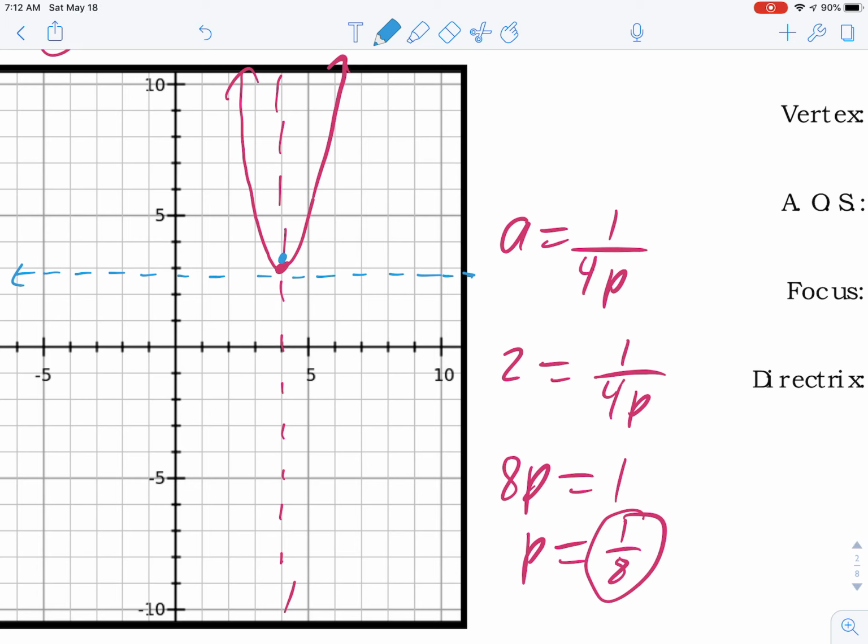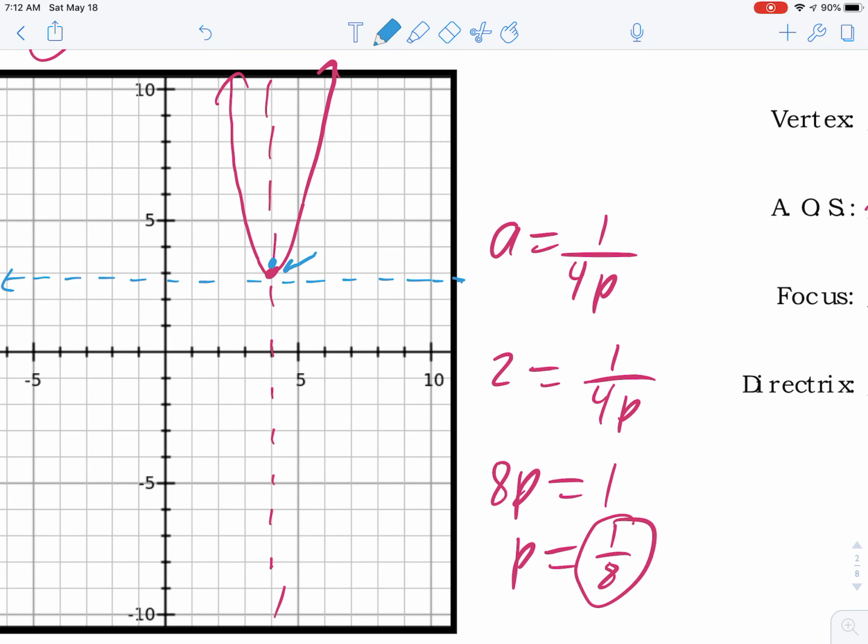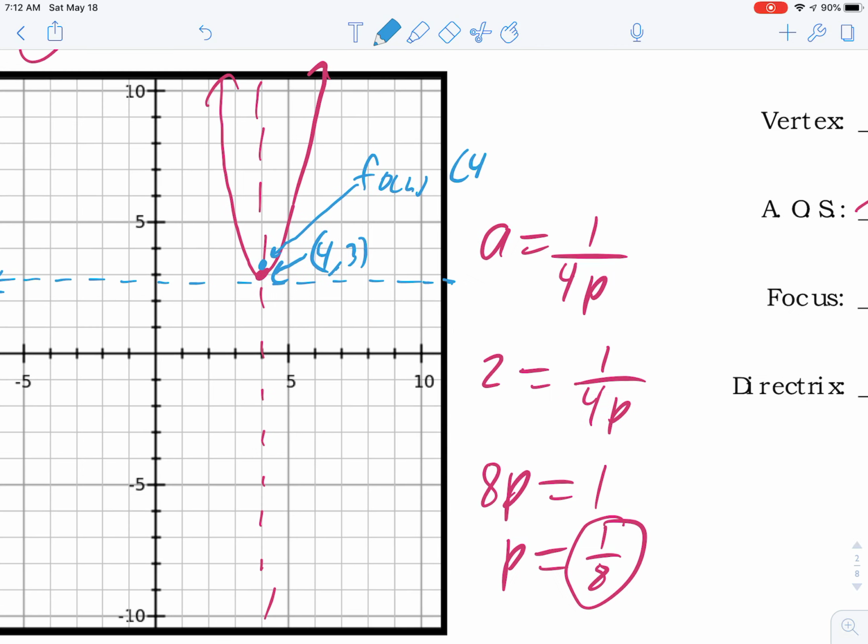So if that point right there, the vertex, is at 4, 3, then the focus, which is just right there, is going to be at 4 and 3 and 1/8. And so that's the location of the focus. And then the directrix is going to be 1/8 below the vertex. So that's going to be the line y equals 2 and 7/8.